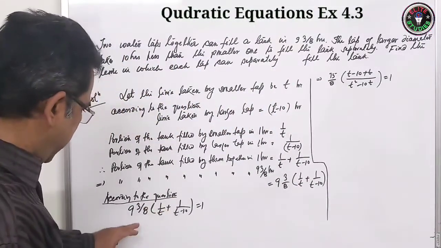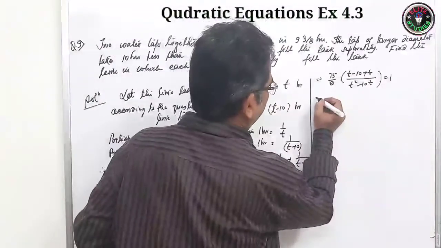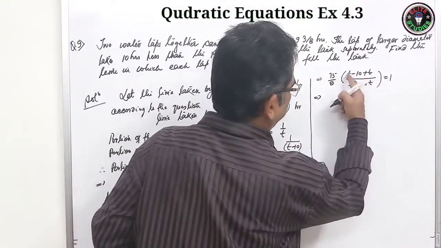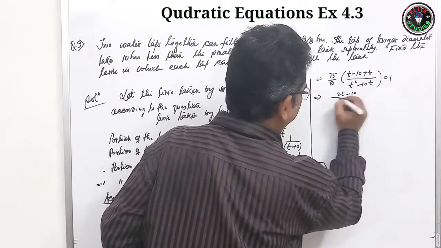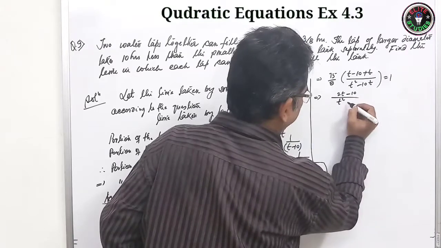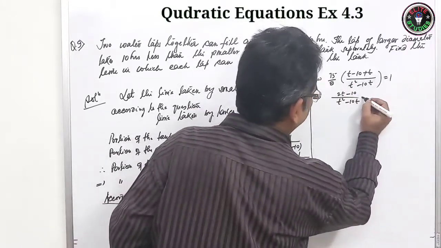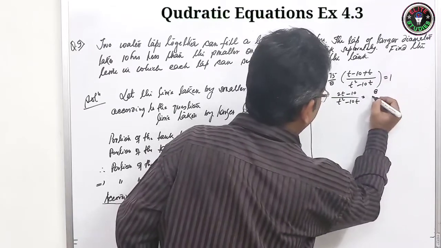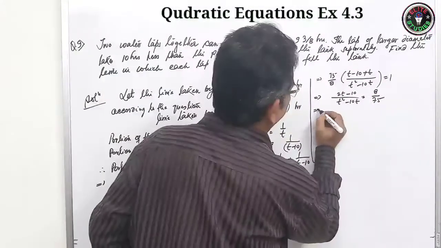T minus 10 plus T. Now this will be equal to 2T minus 10 over T square minus 10T. Now this will go where? It will be 8 by 75. So we will get what?